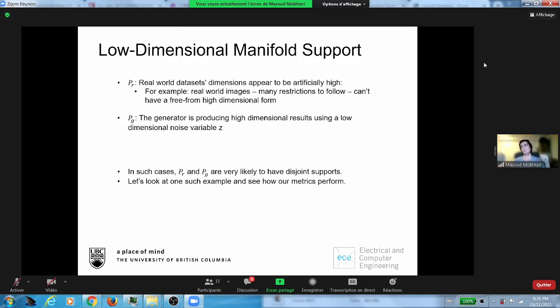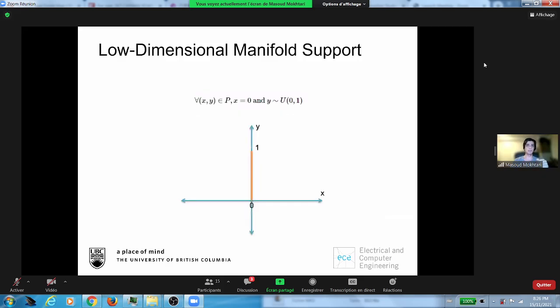And to understand how each of our measurement techniques actually works in such a scenario, let's look at one example. So we have a 2D space here, and our real distribution is concentrated on the y-axis, and on the y-axis it has a uniform distribution. So x would always be 0 for it, and it only has support over 0 to 1 on the y-axis.